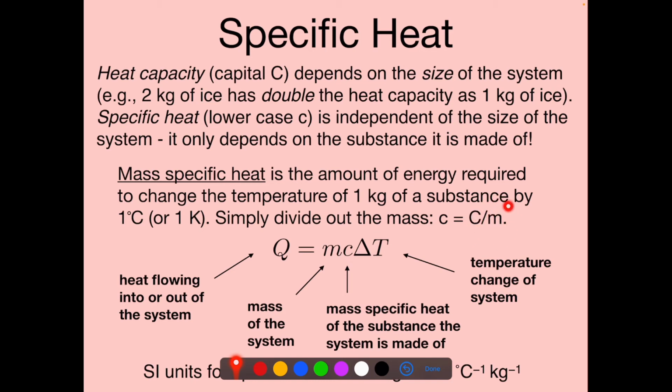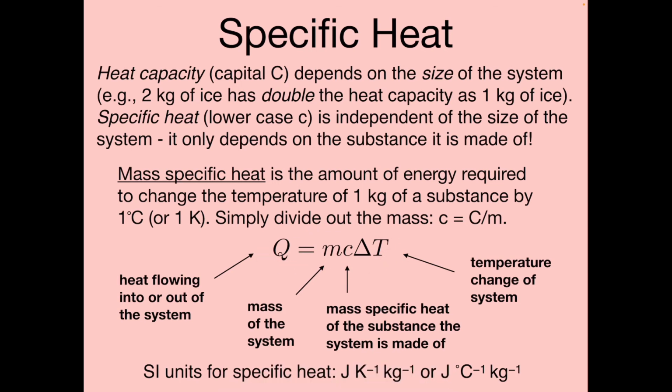By dividing out the mass, we now have something that's independent of the mass, okay? So if Q is equal to uppercase C times delta T, we can see from over here that uppercase C is just lowercase c times m. So Q is equal to m times lowercase c times delta T. And this is the form we'll be working with most of the time, okay?